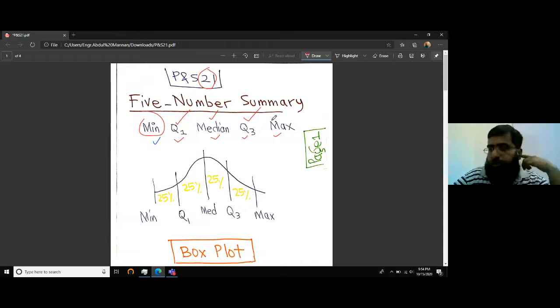If we sort numbers in increasing order, the first number will be the minimum, the last will be the maximum. That's simple.